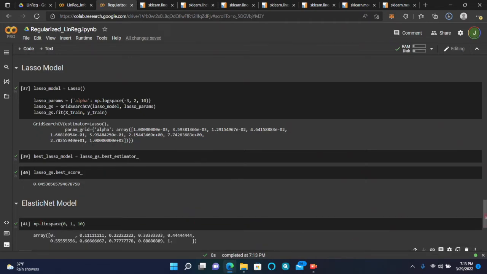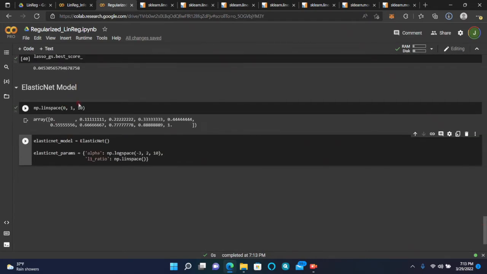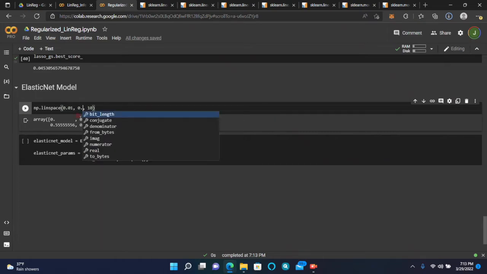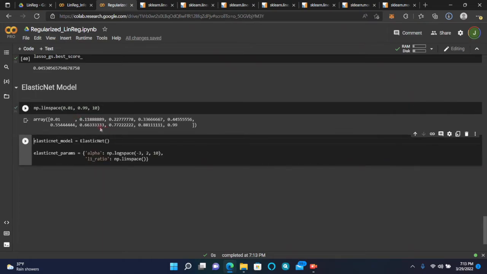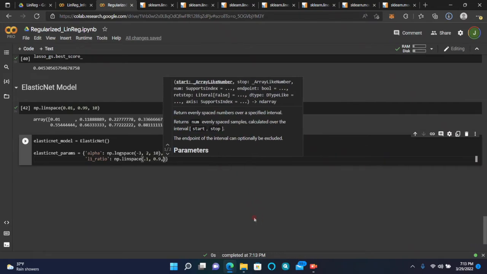How does that sound? Okay, so it's going to go from, well, I don't want that. How about 0.01 to 0.99? I don't want pure ridge or pure lasso because I've already got those. So let's use a linspace from 0.1 to 0.9.